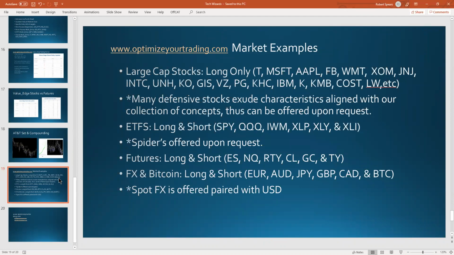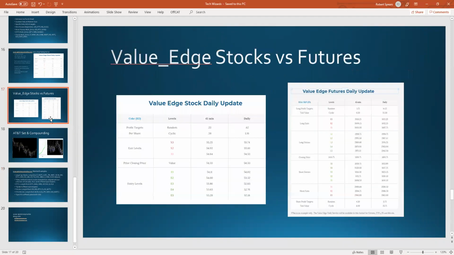And then again, that service looks like this. So that's how it's delivered to you whenever you log into the site. These price levels are there, and because these levels are produced daily and they change daily, we highly recommend that you take a screenshot every day and save it.